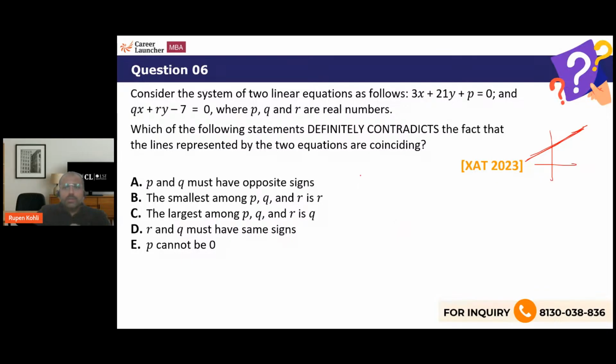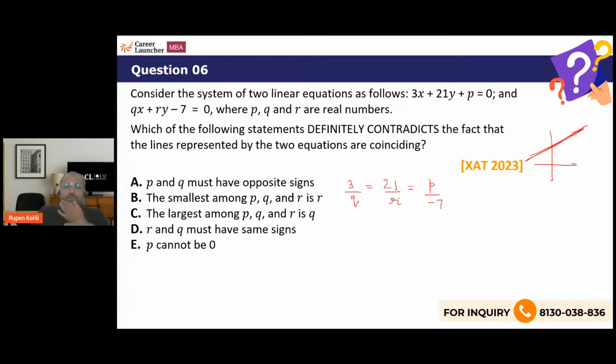Now, our condition will become that, writing the corresponding ratio of coefficients, 3 over Q should equal 21 over R should equal P over minus 7. So let's simplify this three-way equality by expressing two variables in terms of the third.